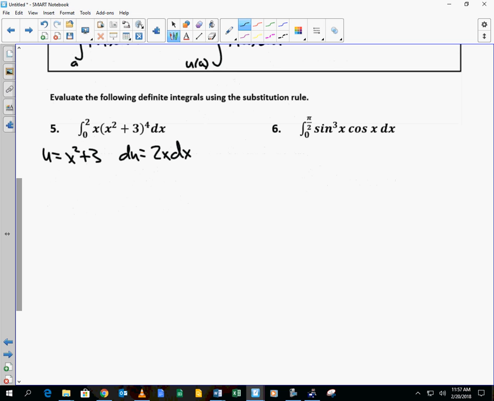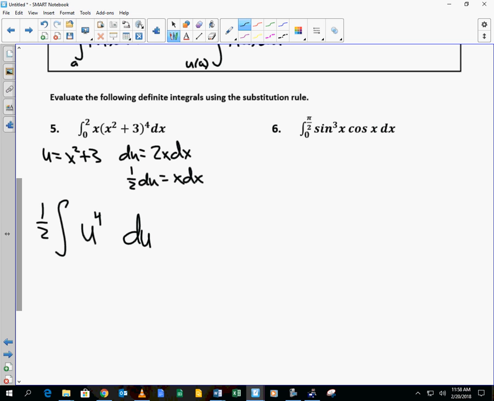So I divide by 2, I get 1/2 du is equal to x dx. So my integral becomes 1/2 times the integral of u to the 4th du. What remains? U to the 4th. Nothing new yet, right?